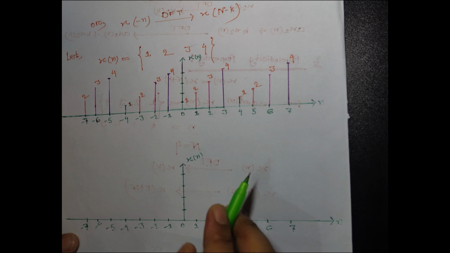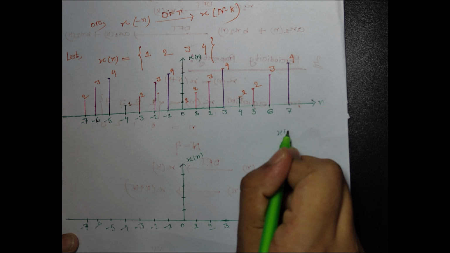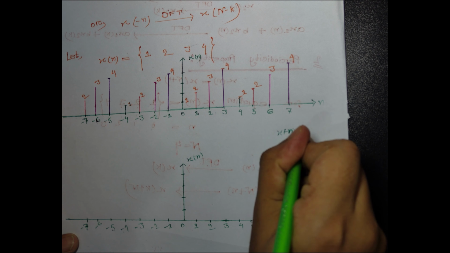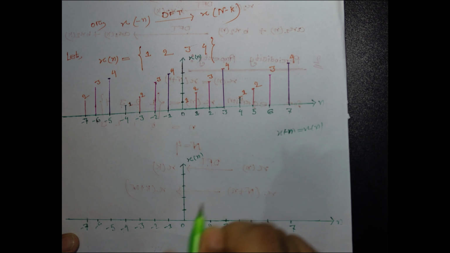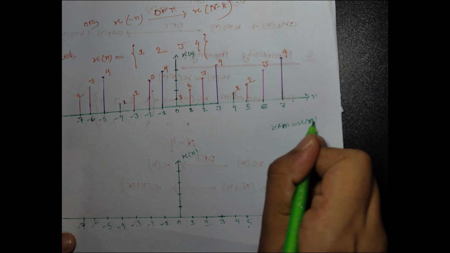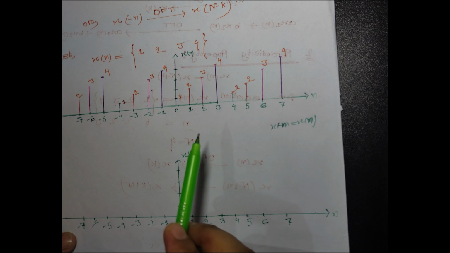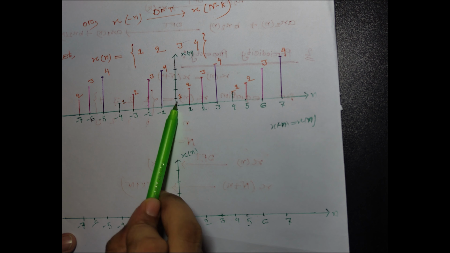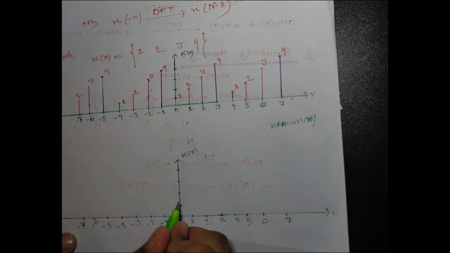For the time reversal property, x[minus n] equals x[n]. That means at the 0 position, the magnitude always remains 1.